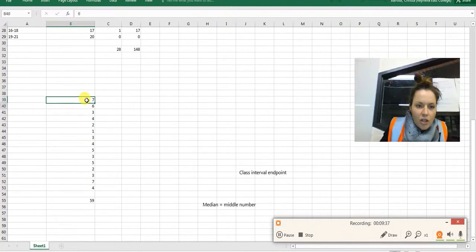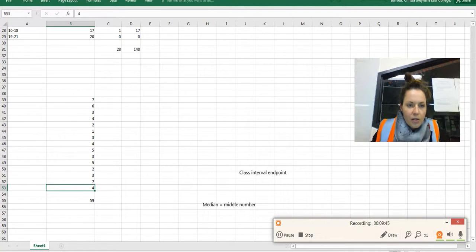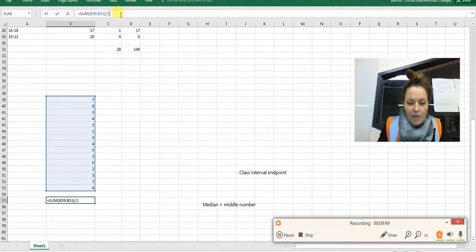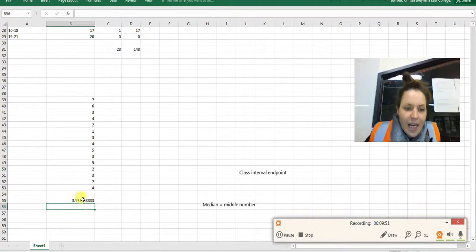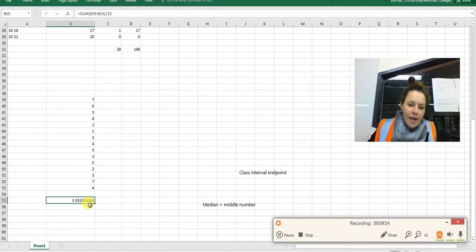So we've got 1, 2, 3, 4, 5, 6, 7, 8, 9, 10, 11, 12, 13, 14, 15. Then I would divide that by 15, and to the second decimal place, the average amount of time that a year 8 watches TV would be 3.93 hours.